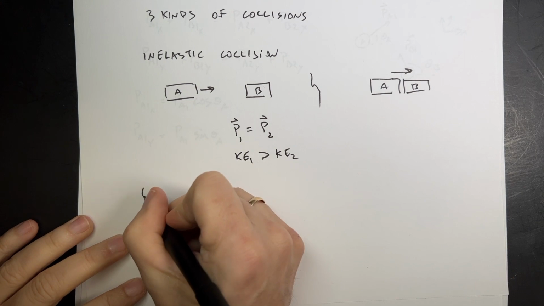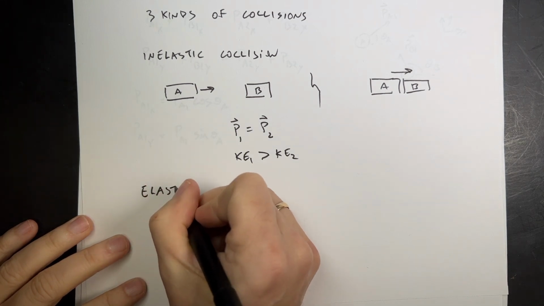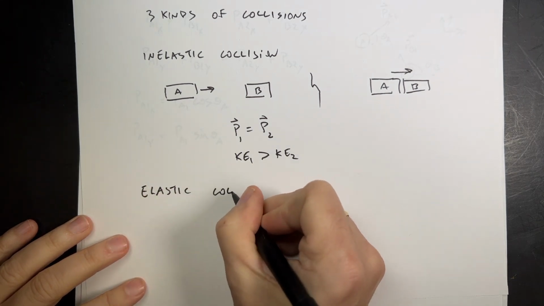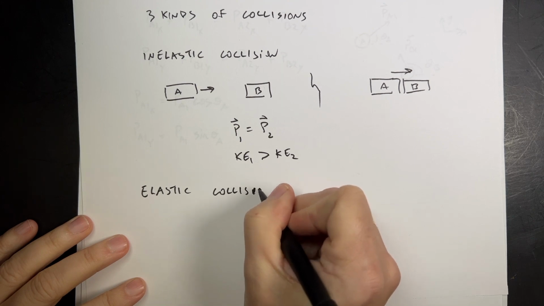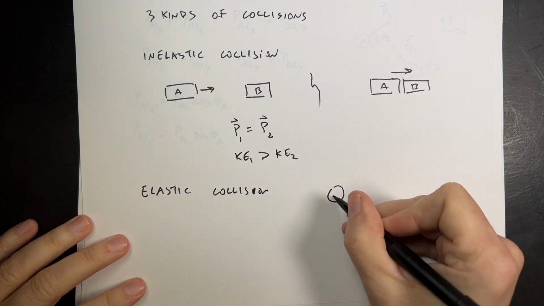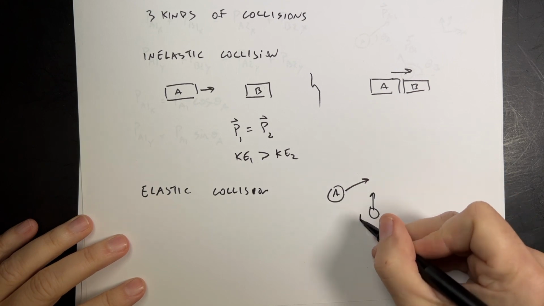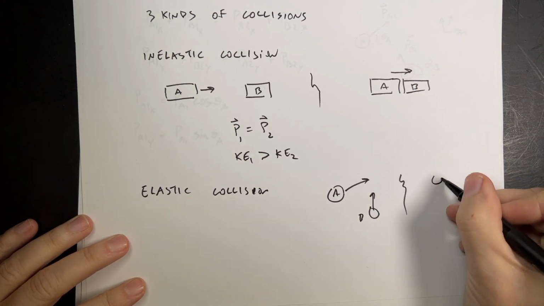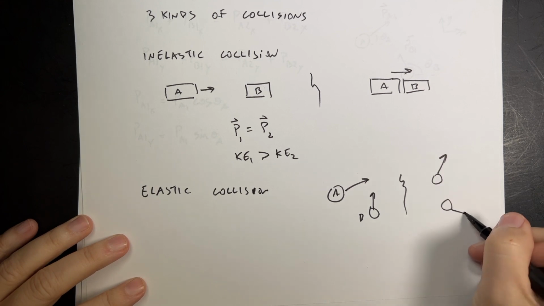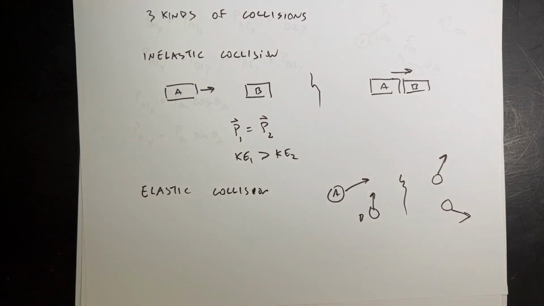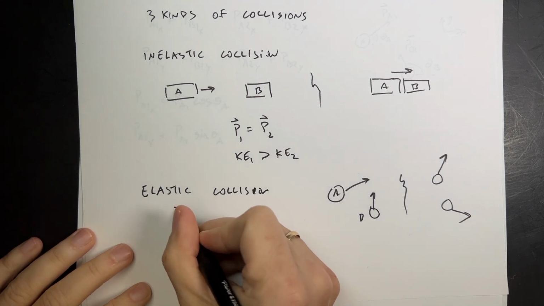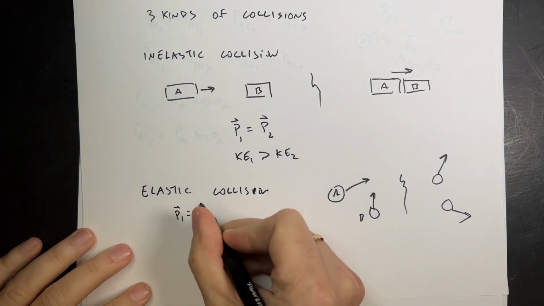Next, we have an elastic collision. Let's think of it this way. A, B, and then they're off doing something like that. So in this case, they do not stick together. And P1 is equal to P2, as long as there's no external forces.